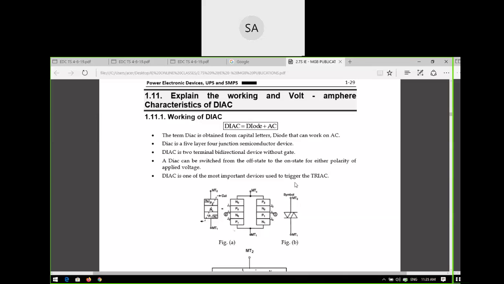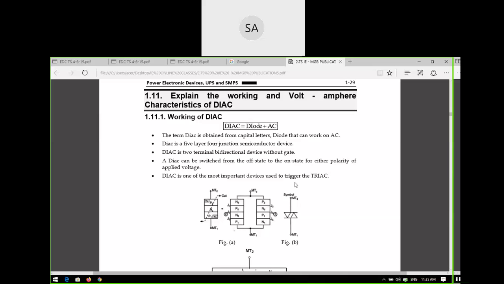Whereas an SCR has how many junctions? We have J1, J2, J3, only three junctions. But for a DIAC we have four junctions, and five layers.